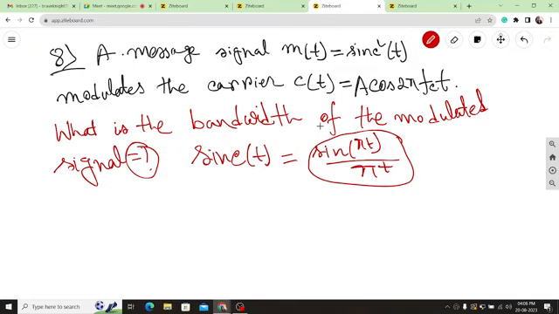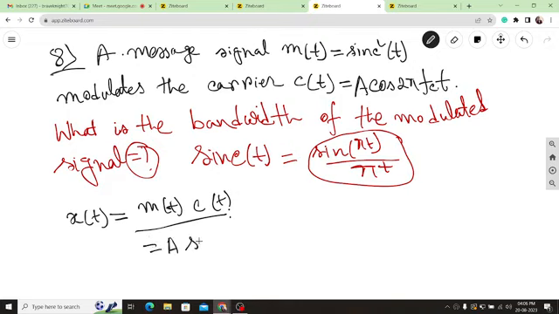I'm just telling you the hint of this question. It is a signal x(t) that is just getting multiplied with m(t) c(t), and this is sine square t into cos 2 pi fc t, right?